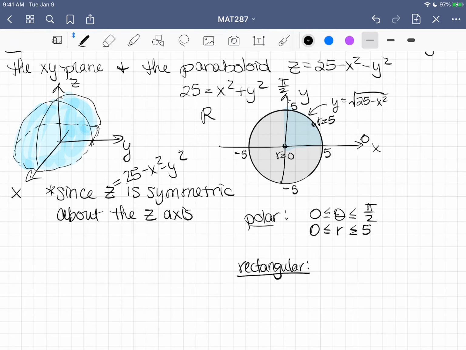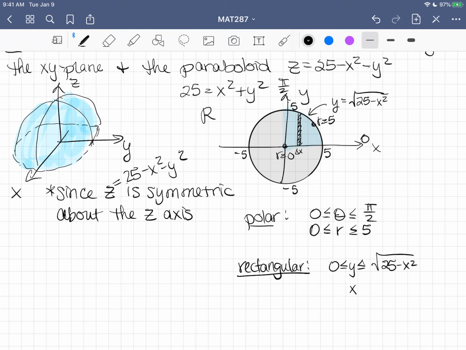And so let's think about taking a vertically simple region. So here's delta x. My y values go from 0 down here up to the circle. So y is bounded by 0 up to the square root of 25 minus x squared.